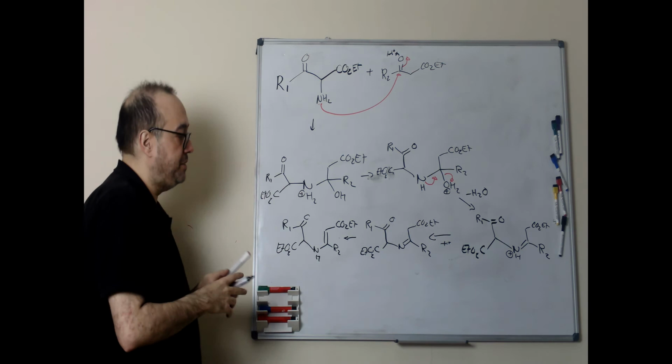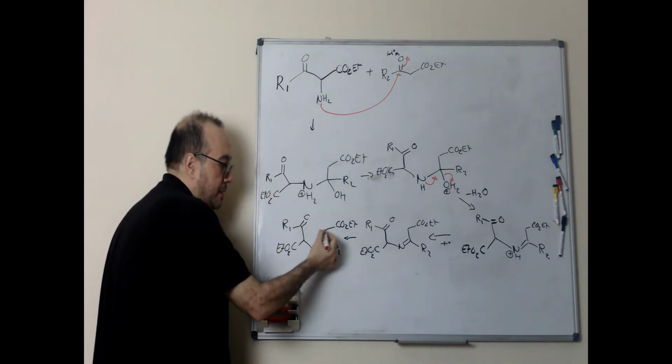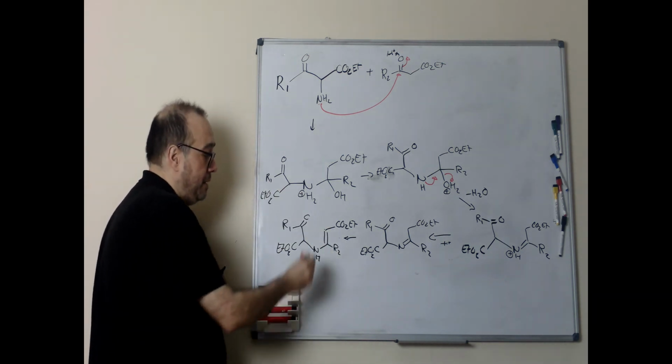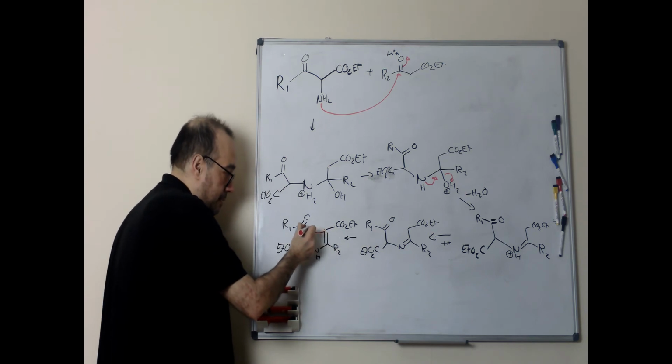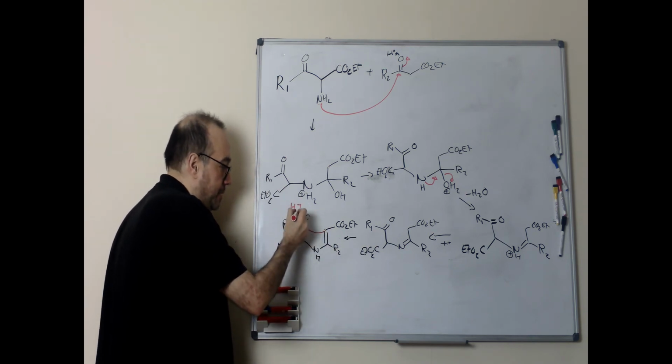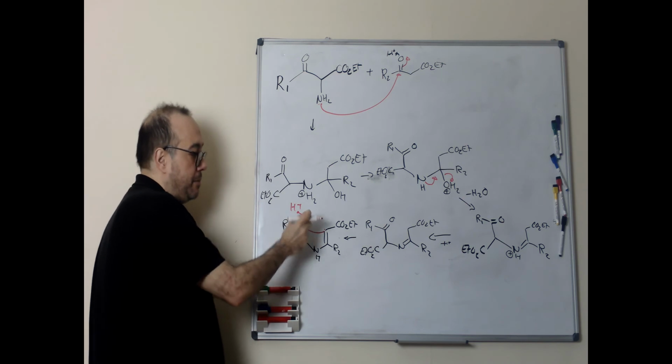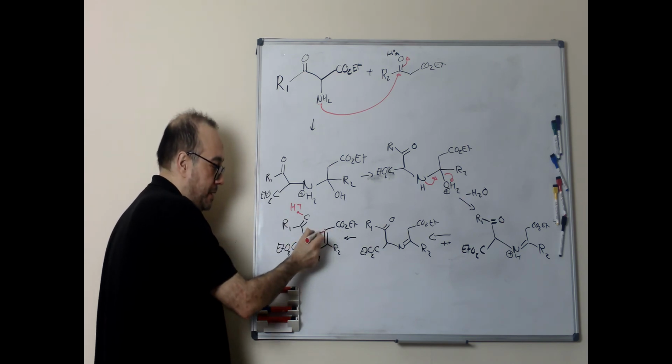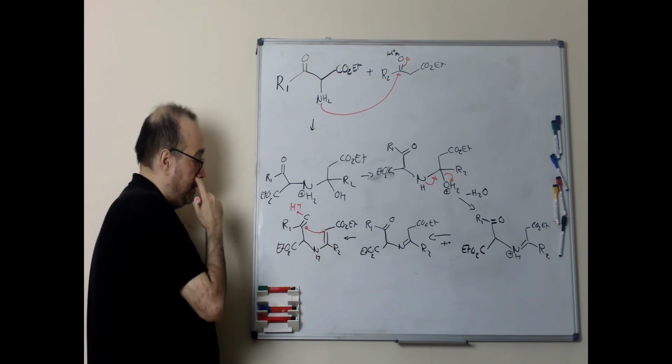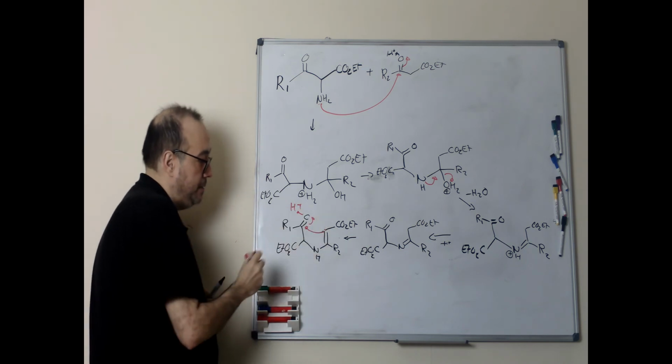We have isomerization, and now we know that this position is a nucleophile. Basically, we are in acid media. That means that we protonate this carbonyl group. This position is nucleophilic. That means that this will attack the carbonyl.